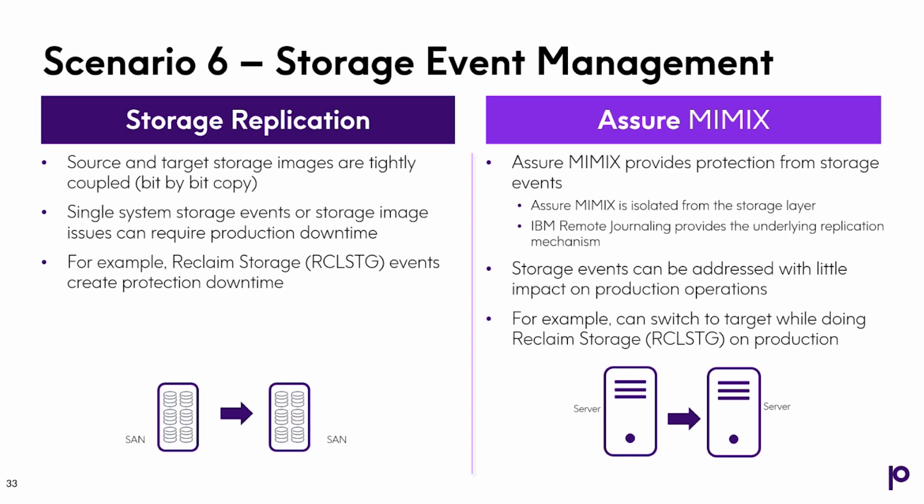Whereas with Mimics, you still have the same situation. You might have to do a reclaim storage on your production, but you have a distinctly different backup copy image. Then you can just go ahead and do a controlled switchover, and then do your reclaim storage on the node that needs it while you're running production on the backup node. So that's a distinction there.